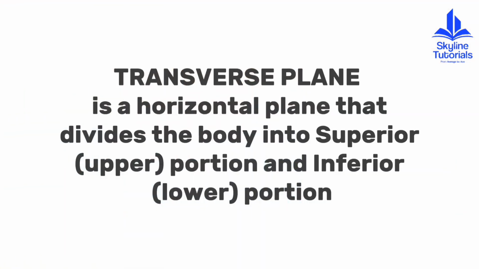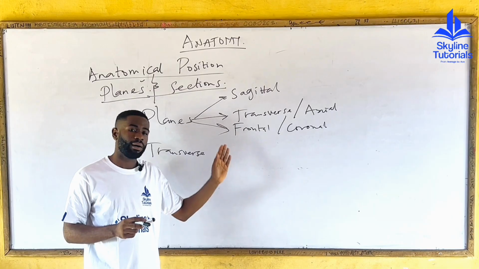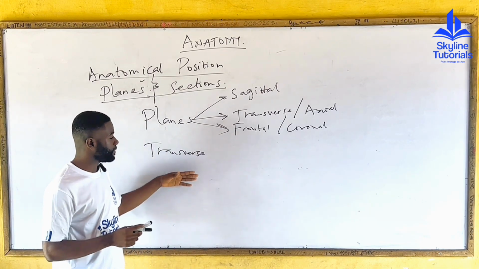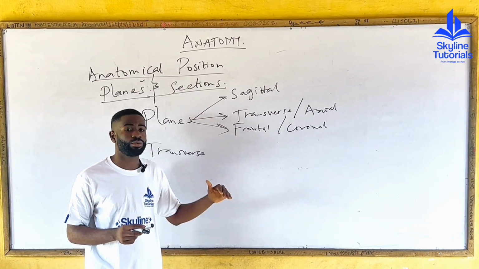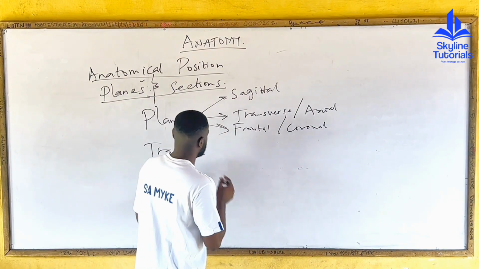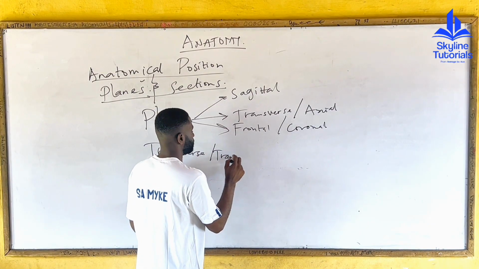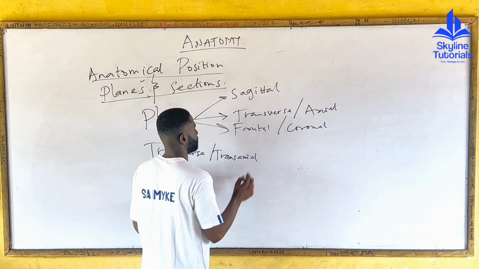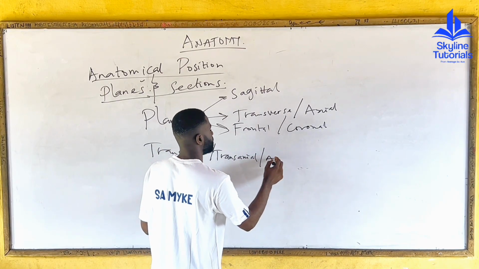Okay, so the transverse plane basically is a horizontal plane that divides the body into the superior part and inferior parts, or into the upper and lower part. So the transverse plane divides the body into the upper and the lower part. It can also be called transaxial, or in short, axial.